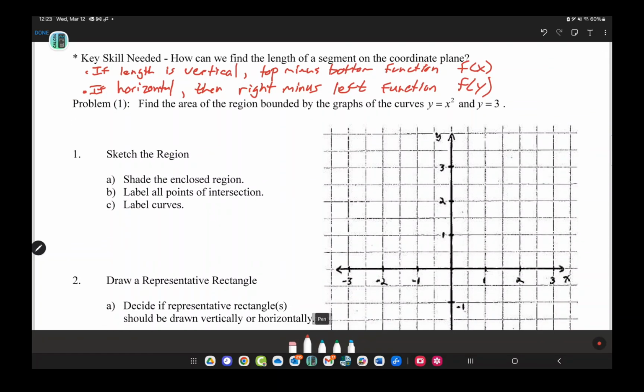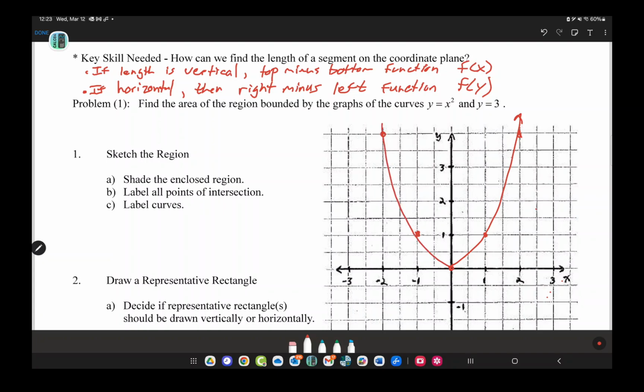Problem 1. Find the area of the region bounded by the graphs of the curves y equals x squared. Okay, so y equals x squared, so 0, 0, 1, 1, 2, 4. So your basic parabola.